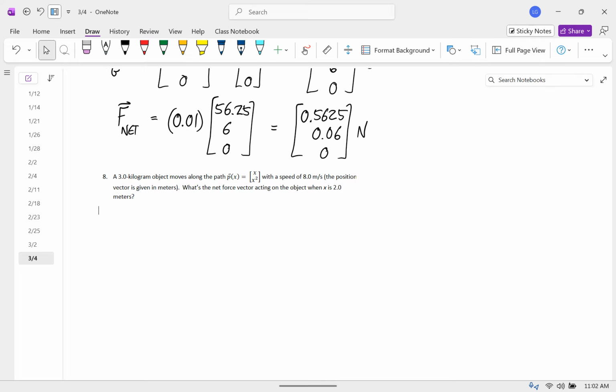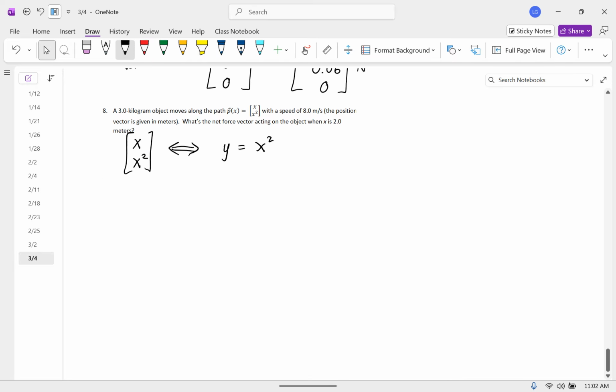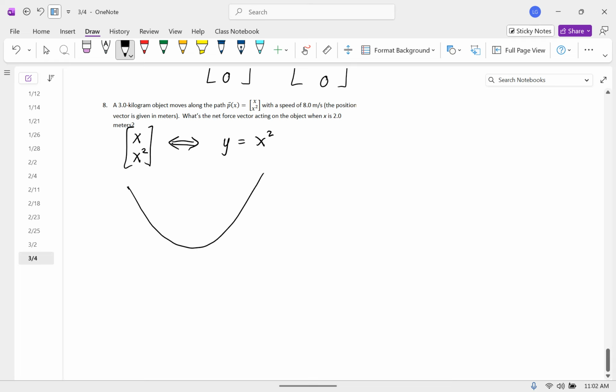So remember that a parameterization of x and then some function is always the same thing as the function y equals whatever the y component is there. Okay, so it's moving along a path like this. And this really has to tell us which way along the path it's moving, and I don't see that here. So let's say that it's going this direction.